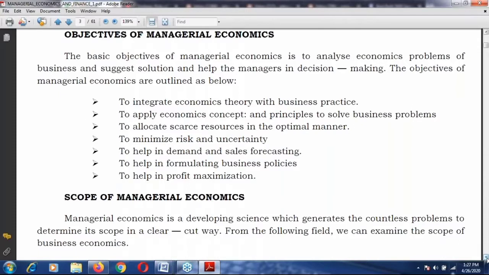Then there are some methods of demand forecasting. We have the survey method and the statistical method, and these two methods can be categorized further.